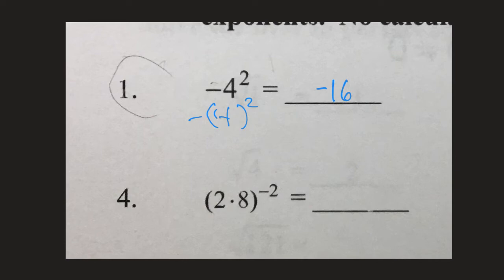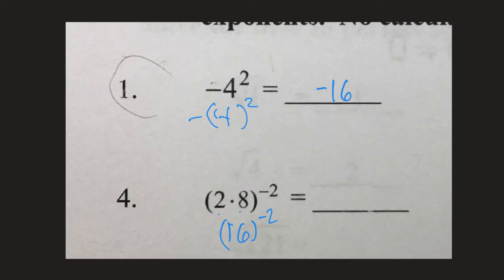Or, since these are two numbers that we know the values of, we can just take that 2 times 8, multiply them together, and we get 16, and it's going to be to the power of negative 2. Now, it's probably been a while since you've dealt with a negative sign in the exponent, but all that means is you're going to be taking the reciprocal.